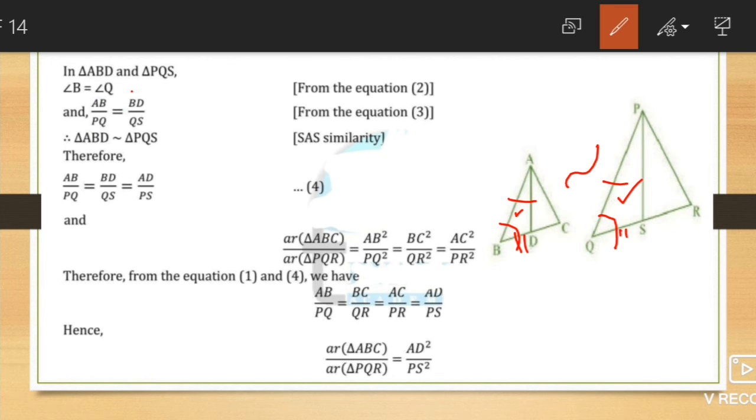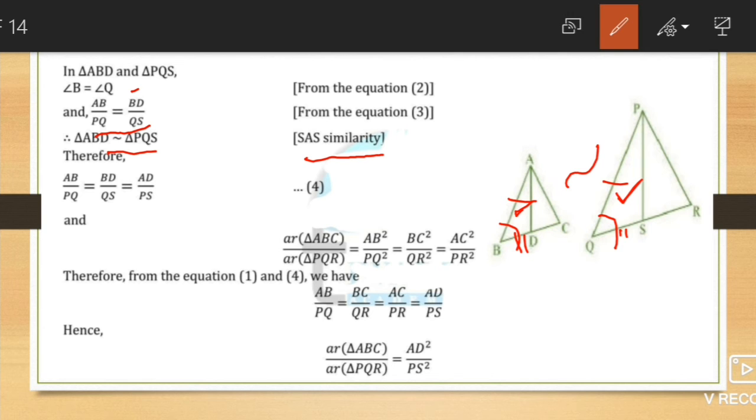Since one corresponding angle is equal, and the sides involving that angle are also in the same ratio, you can say that triangle ABD is similar to triangle PQS by SAS similarity.